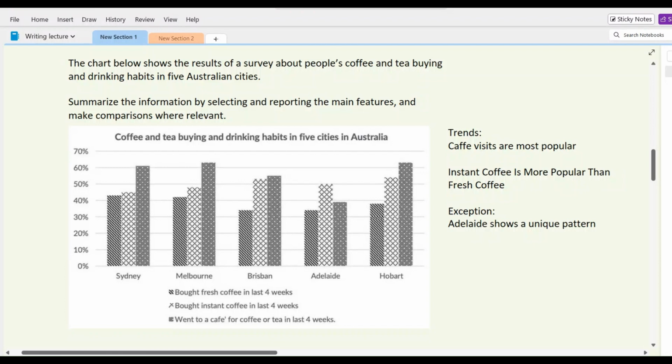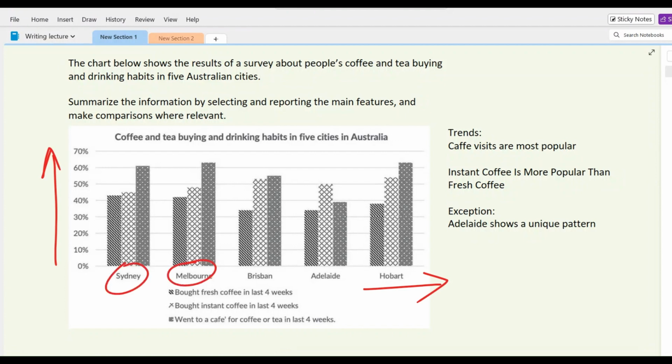Now let us look at this bar chart. In this chart, in this axis it's about the percentage of people, and in this axis we see different cities in Australia. And they are Sydney, Melbourne, Brisbane, Adelaide, and Hobart. And here we see different categories.